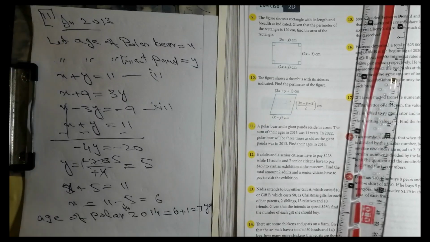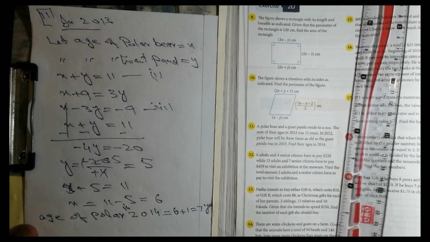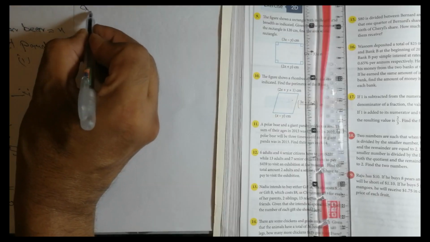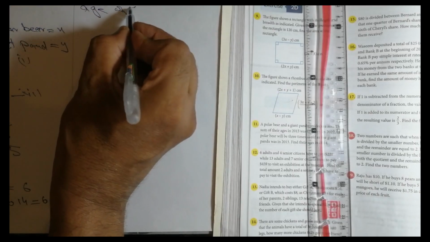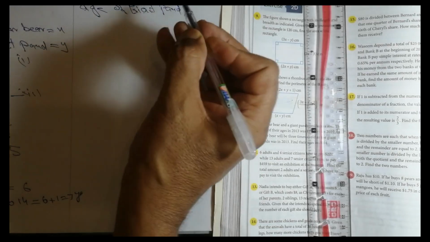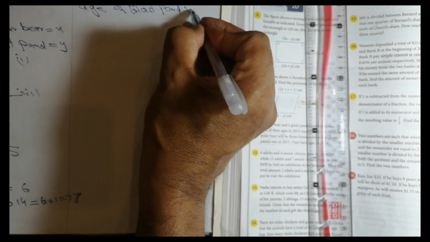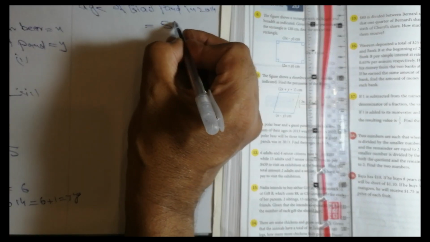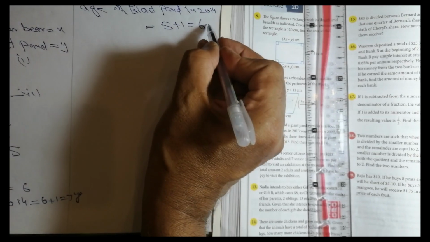And for the giant panda, y equals 5. Actually we need to find it in 2014. So that will be equal to 5 plus 1 equals 6 years.